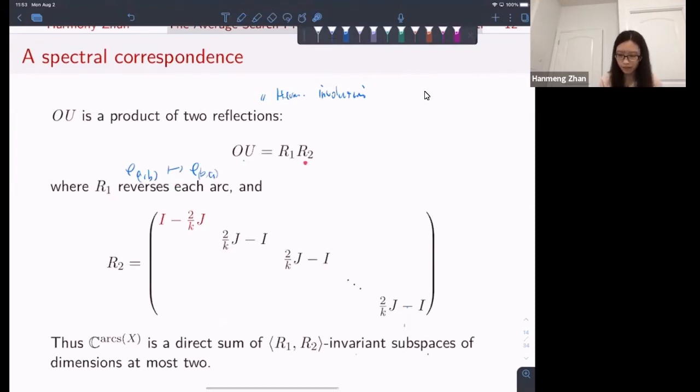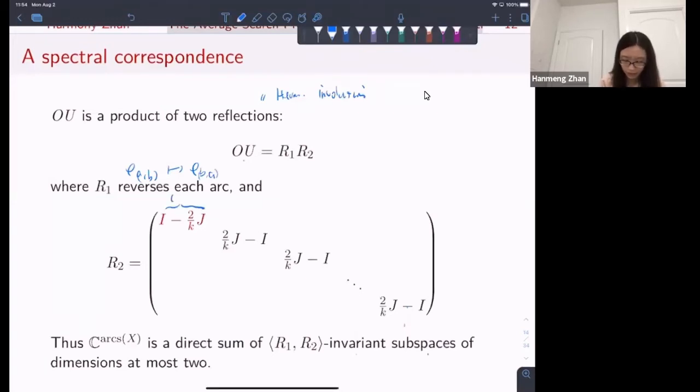What about the second reflection? It's supposed to send an outgoing arc of a vertex to a linear combination of outgoing arcs of the same vertex. Upon reordering of these rows and columns, you can write R2 as a block diagonal matrix, where every block is indexed by the outgoing arcs of the same vertex.